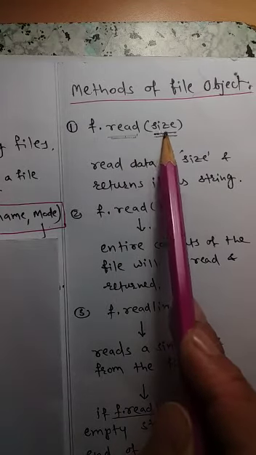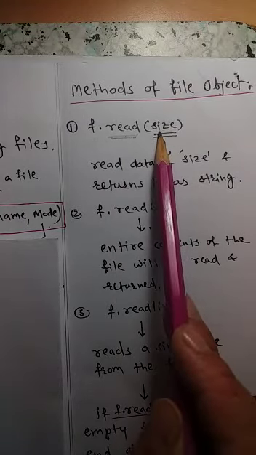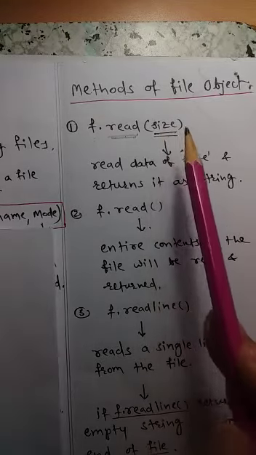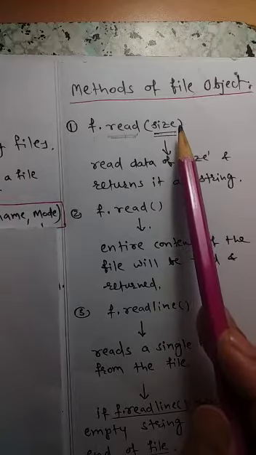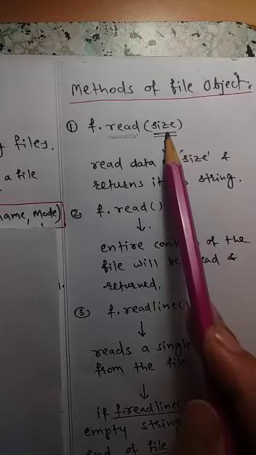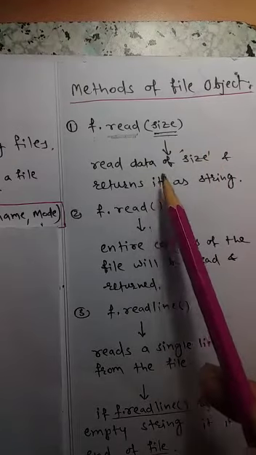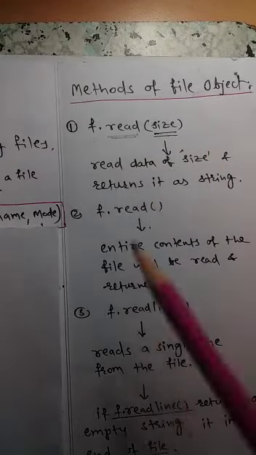Here we are specifying how many bytes we want to read. Not the size of the file, but the number of bytes you want to read from the file. This is the data size, and it returns a string.